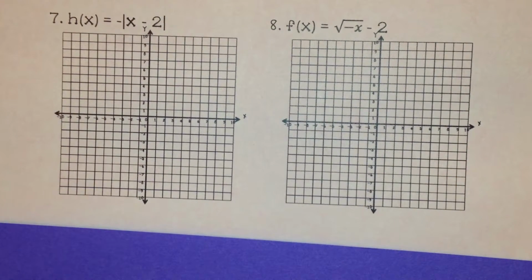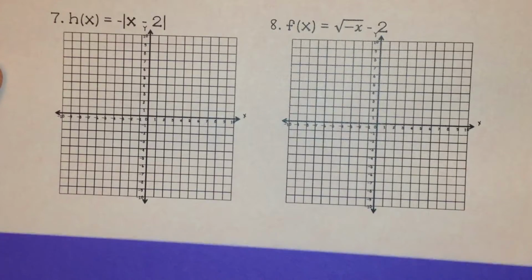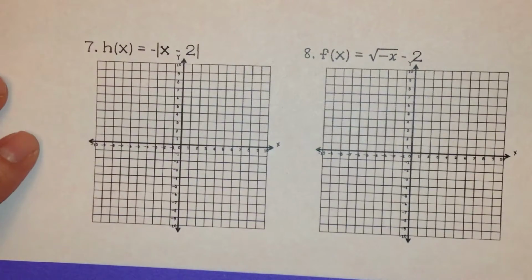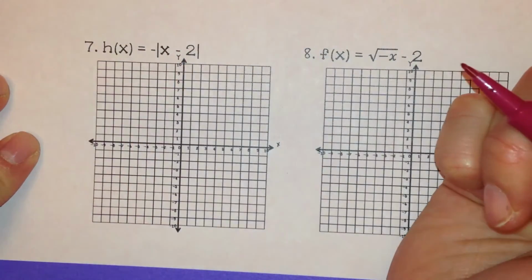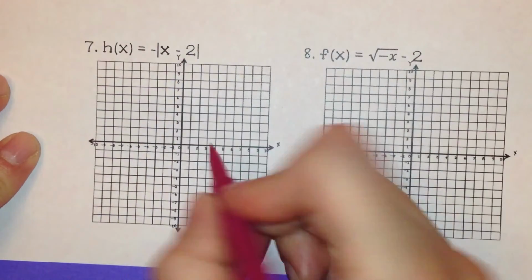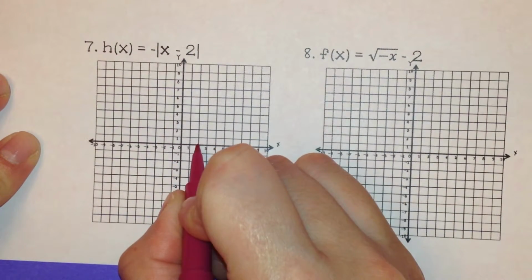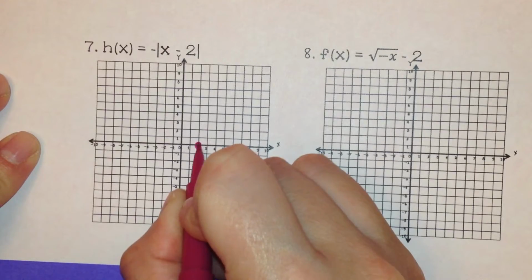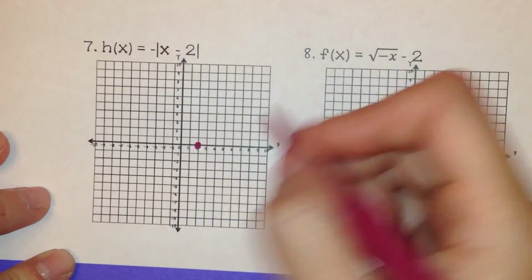All right, so we have multiplied by a negative, and it's moved to the right. So this is the V graph, so I can see that it's moved 2 to the right, and multiplied by a negative.